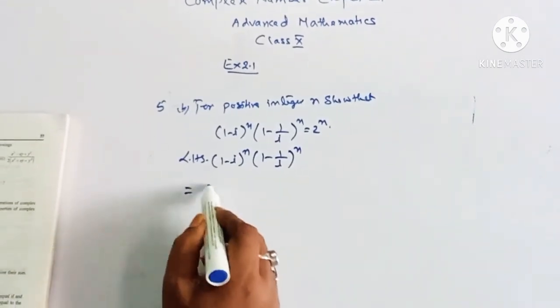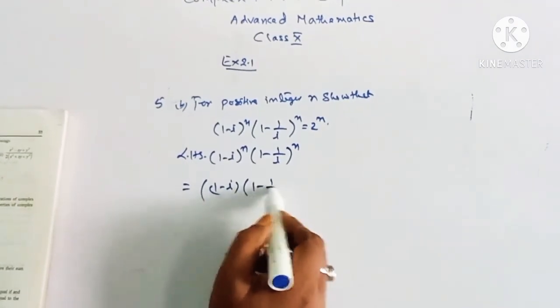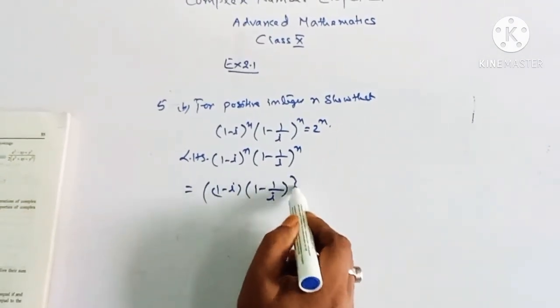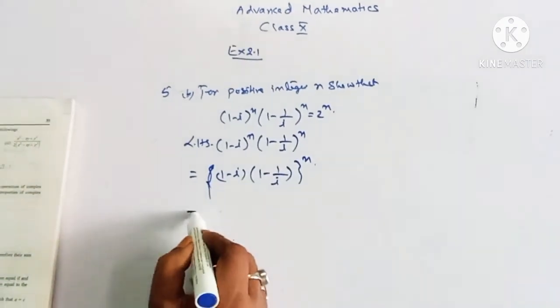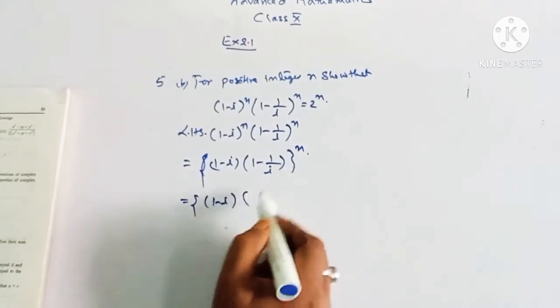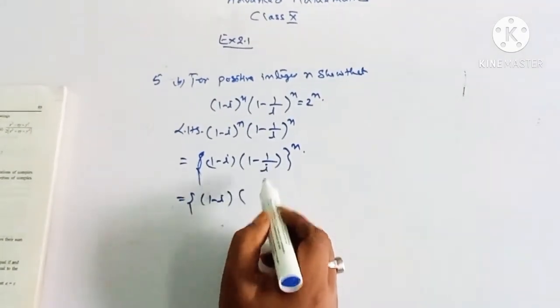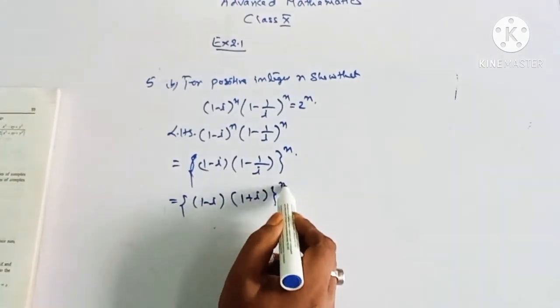This I can write as 1 minus i into 1 minus i to the whole power n. This I can write like this. So 1 minus i, and this is minus 1 by i, which means plus i, 1 plus i to the whole power n.